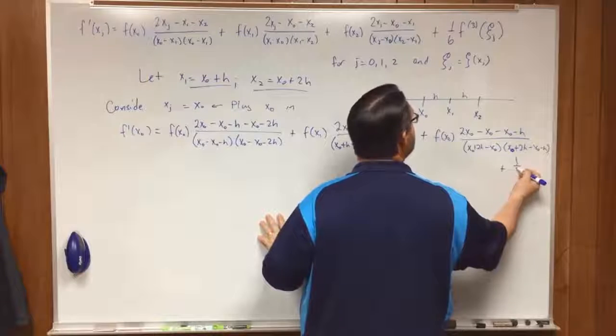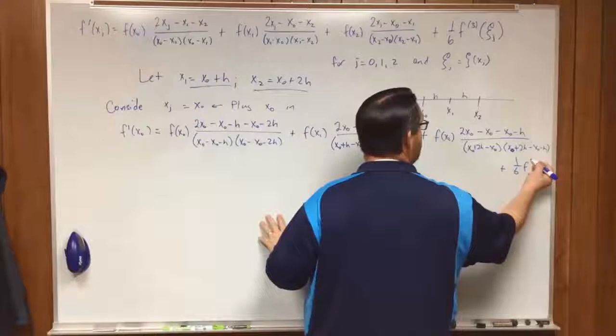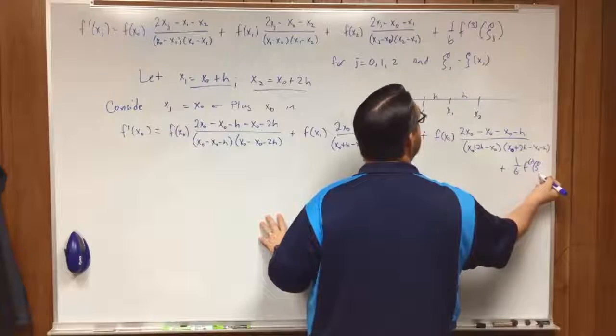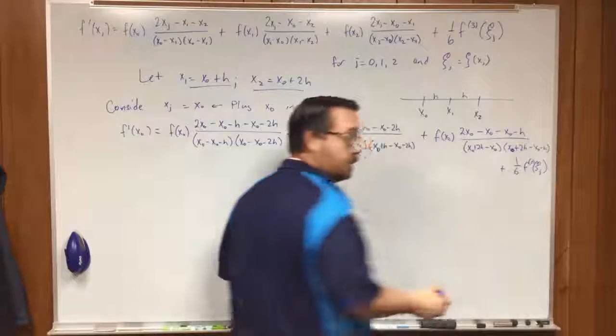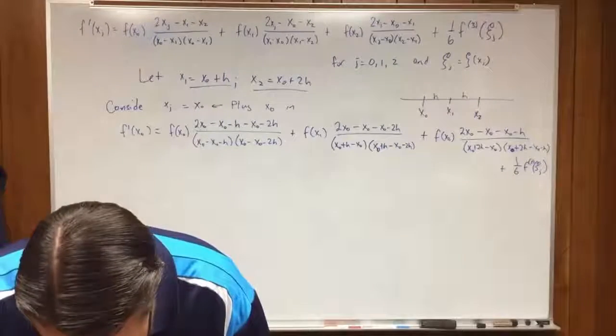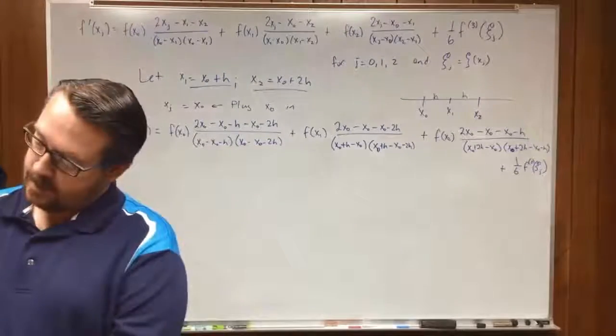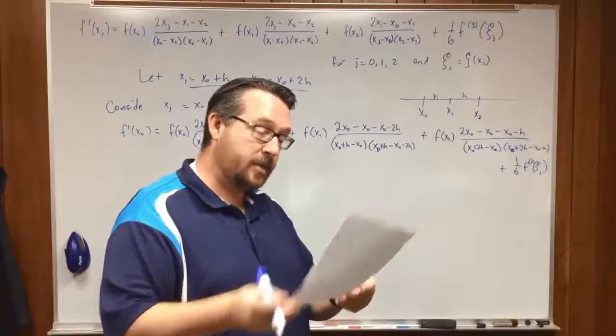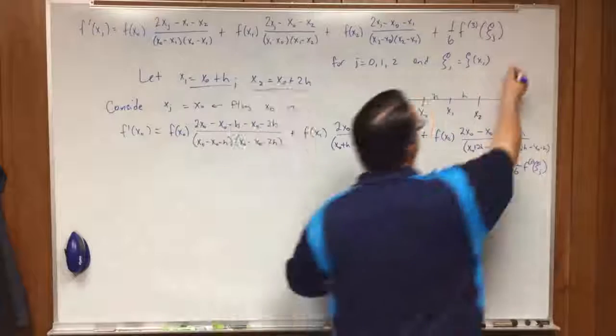still the error term, 1/6 f third derivative, c sub j. And I'm leaving off something, because I left something up here.